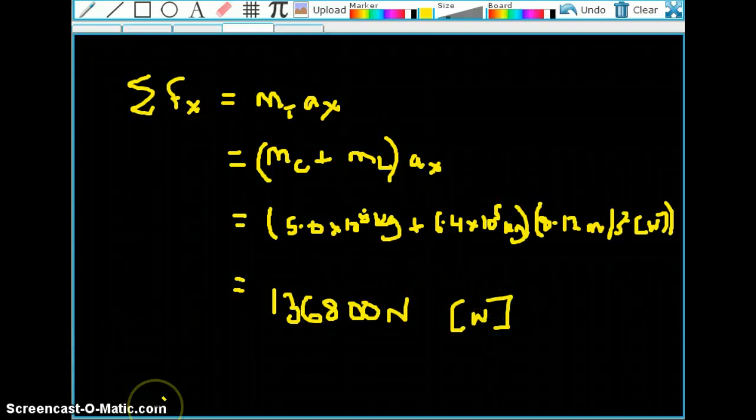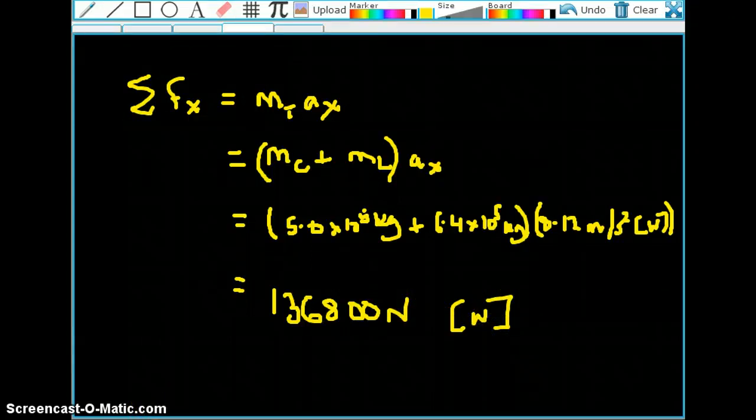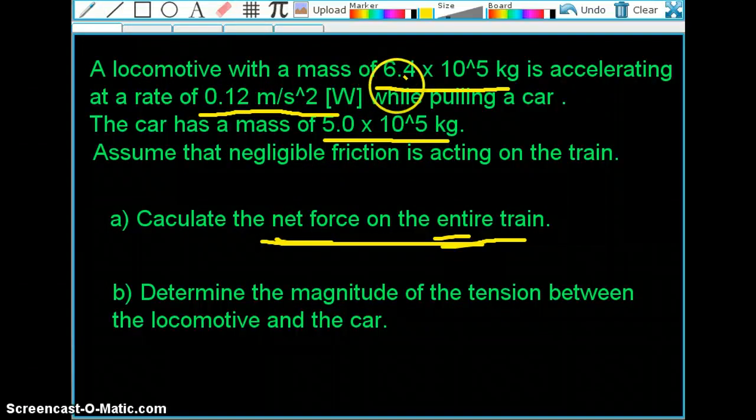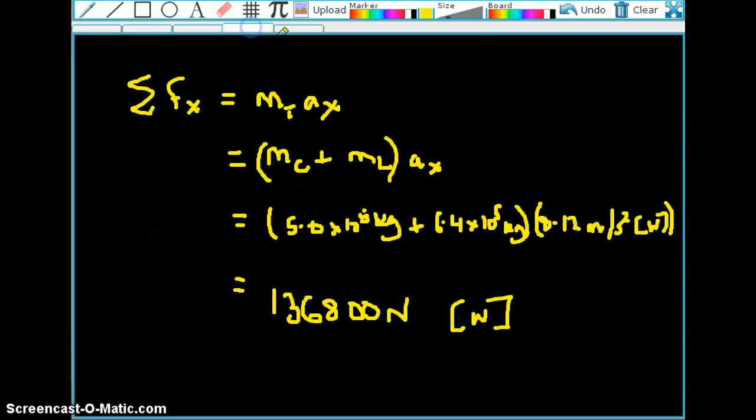Now this is absolutely the right answer. All you need to do is go back to your question and notice that all these numbers have just two significant digits, like 6.4, 5.0 and 0.12. So you don't want to leave your answer as this huge ugly number like 136800.